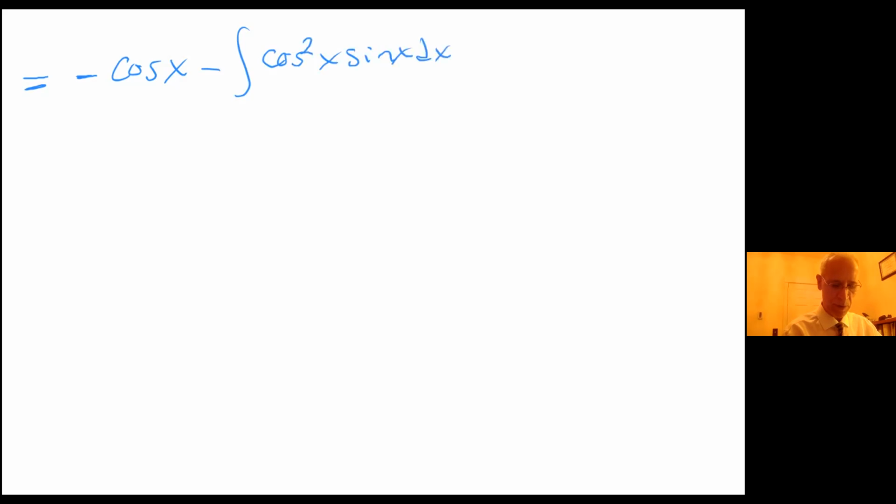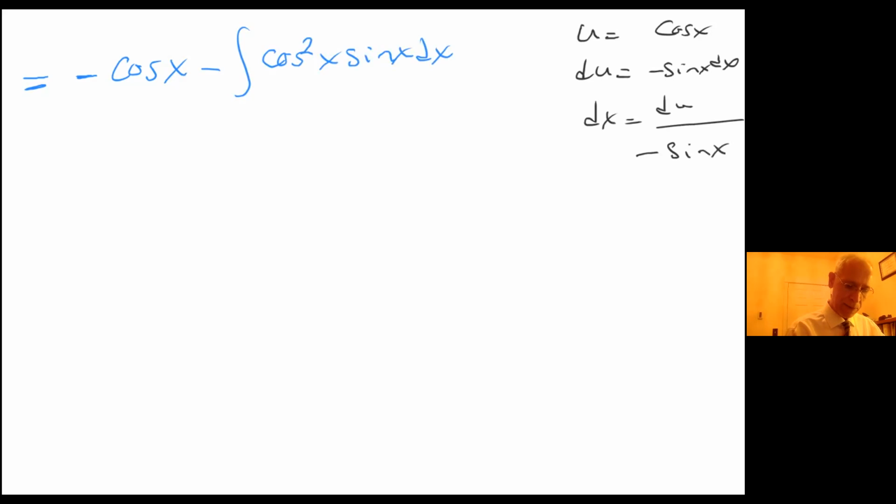I just want to show my work on the same page. So here I can claim that let u equal cosine of x, du equals minus sine x dx, and dx equals du over minus sine of x. So this equals minus cosine of x from here, of course.